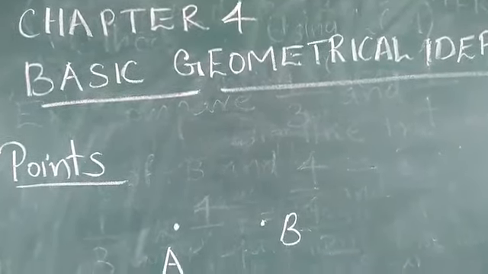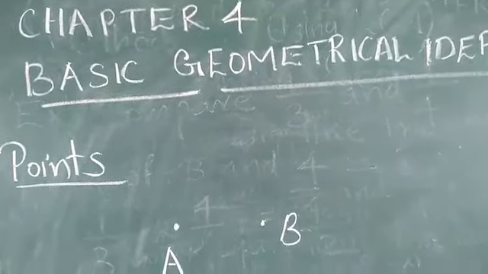One question will come in your question paper: how many endpoints for a line segment? A line segment has 2 endpoints. Understood? Next, an important matter. This A, B we are representing with capital letters. Normally we are using capital letters.